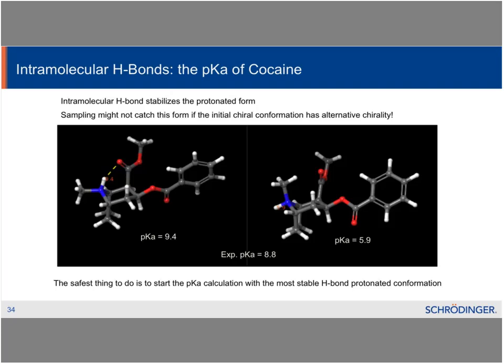Well, of course, in solution, this proton pops off and on, and this conformation or stereo configuration always inverts, but not in the calculation. So be careful with molecules like this.